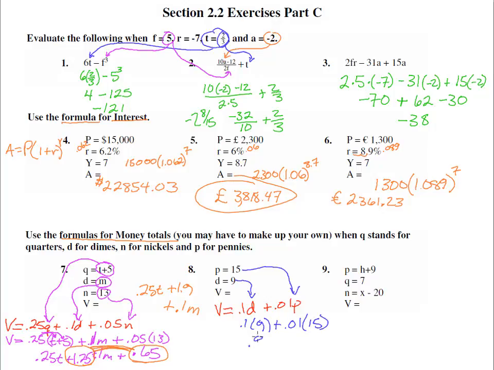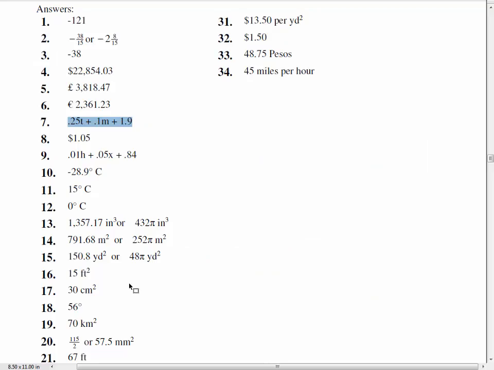So we get 0.90 plus 0.15, and we get 1.05. So the total value in this one is $1.05. Let's check our answer. And it is $1.05. Good.